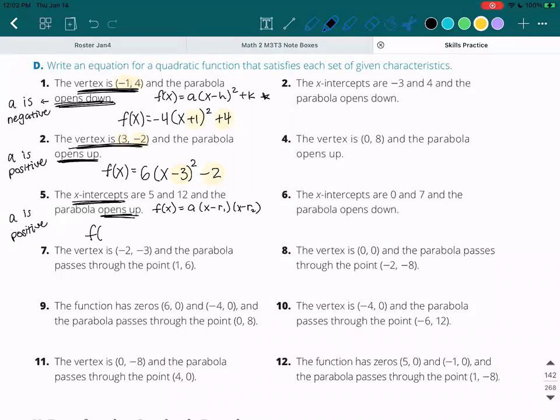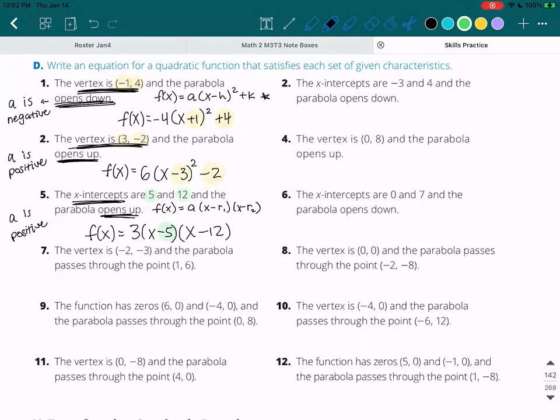So give me a positive number. 3. 3, great. Positive 3, parentheses x, and then these are inside parentheses, so they're going to be opposite. So instead of a 5, we're going to write -5. And then for the 12 that they gave us, what should I write? -12.